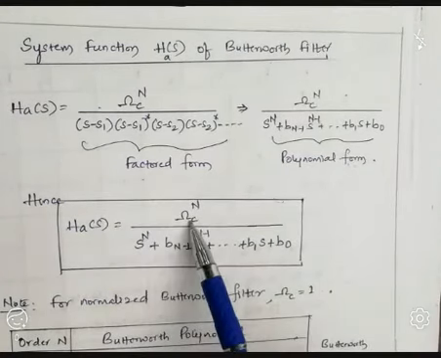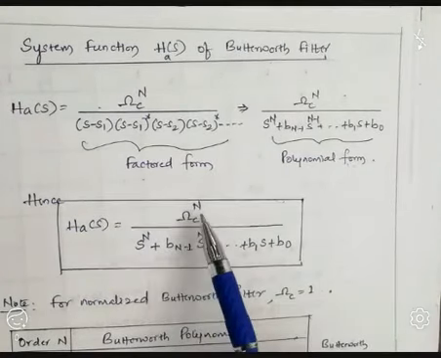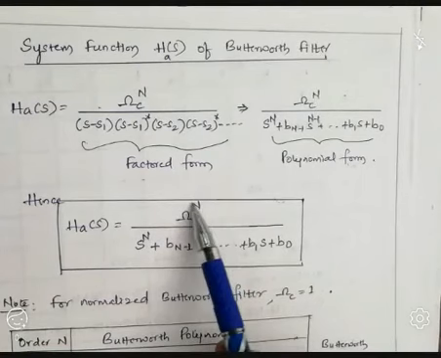If the order of the filter is 1, substitute here n equal to 1, hence this is always 1, 1 divided by s to the power 1 plus b naught. b naught is always 1, hence what we are getting is s plus 1, of course.